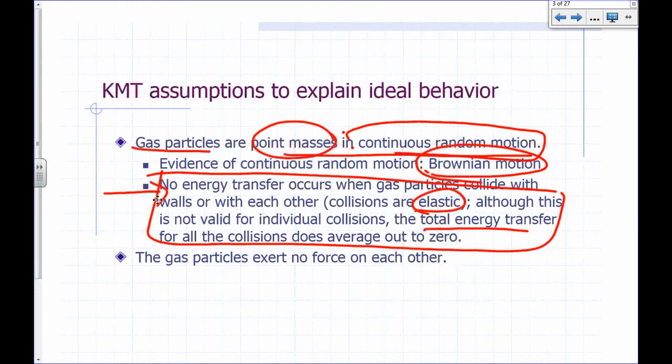So for simplicity, in applying the physics to our collisions, we can make that assumption and arrive at an expression that will allow us to explain ideal gas behavior.